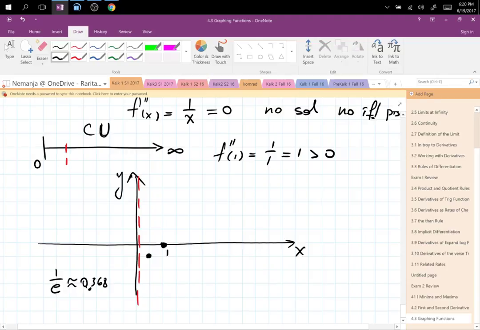So let's say it's here. Oh, there has to be another x-intercept. Because the, oh no, doesn't. The function starts with the open circle at the origin and goes like that.